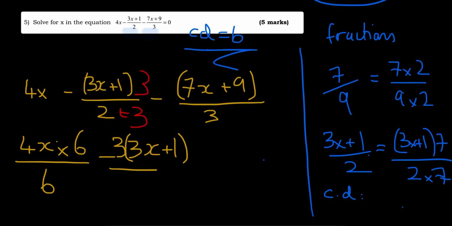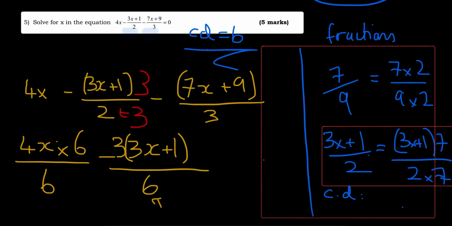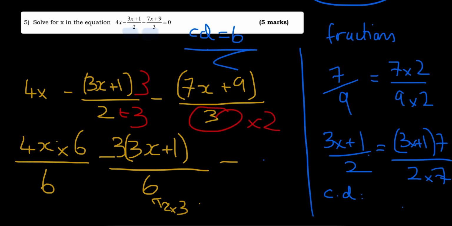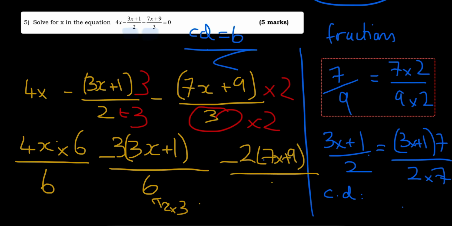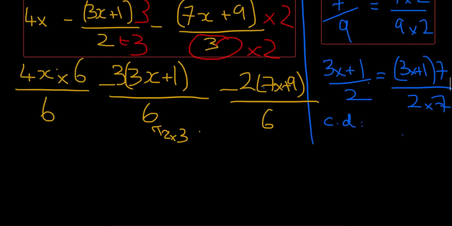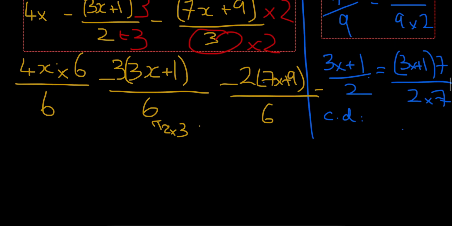I can just put it at the front. And then 2 times 3 is 6. Okay, and now for our final one, if we want to make this look like a 6, we need to multiply top and bottom by 2. Okay, so we're going to have 2 times (7x plus 9) over 3 times 2, which is 6. Okay, and this all equals 0. I'm just running out of space, but it's okay, it's a different color. And 0 is just 0 over 6.